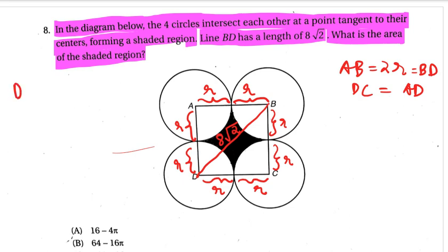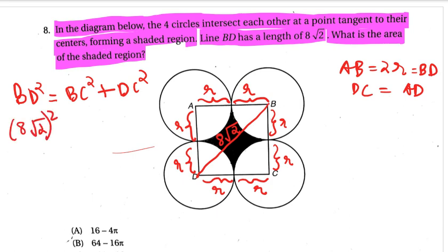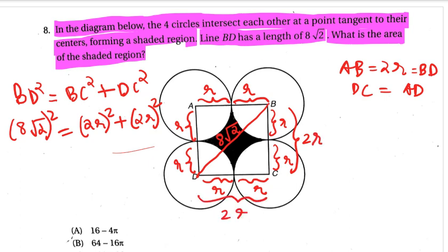So that will be BD square is equal to BC square plus DC square. What is BD square? 8 root 2 whole square. What is BC square? That is 2R whole square plus 2R whole square, isn't it? This whole thing is R plus R, 2R, and this is also 2R.